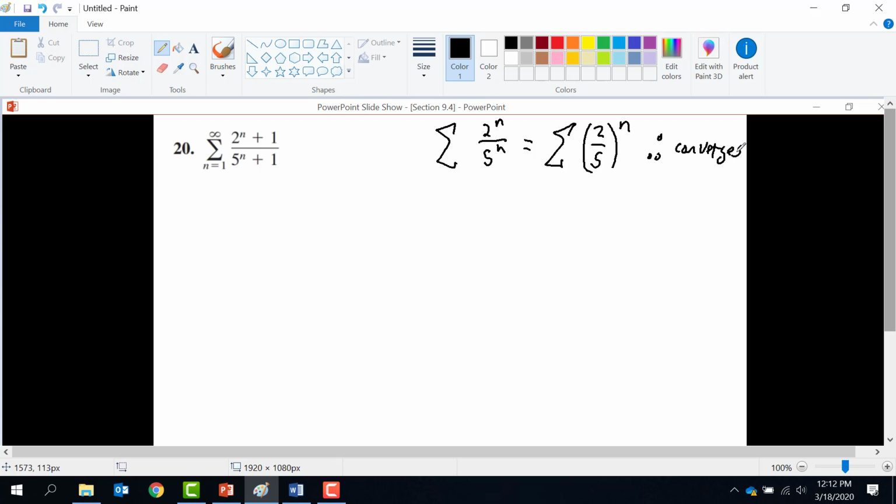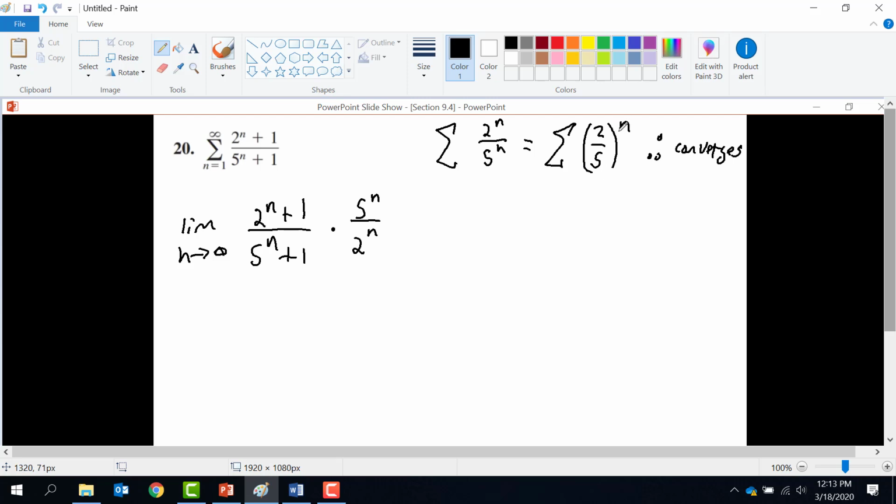And so that's what we're going to compare it to, right? So now we want to look at the limit as n goes off to infinity of a sub n, 2 to the n plus 1, over 5 to the n plus 1, times the reciprocal, which is going to be 5 to the n over 2 to the n.